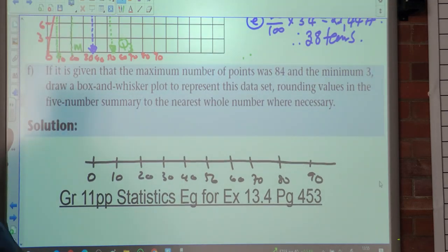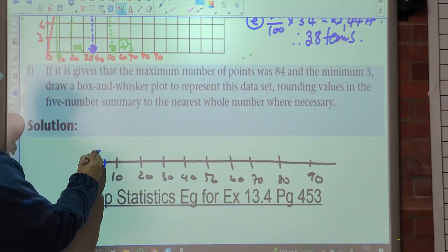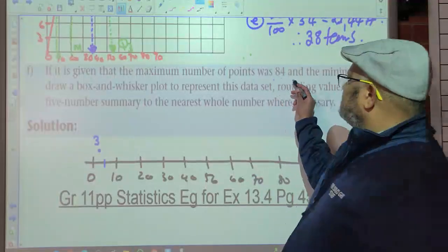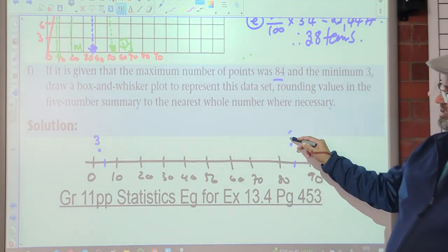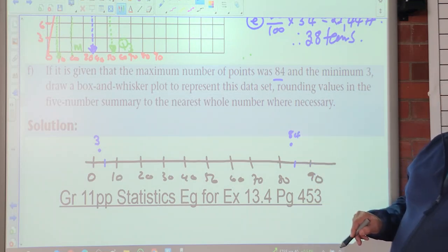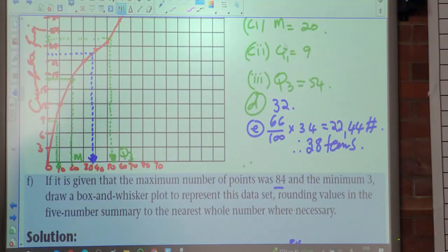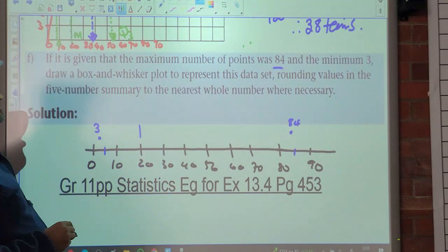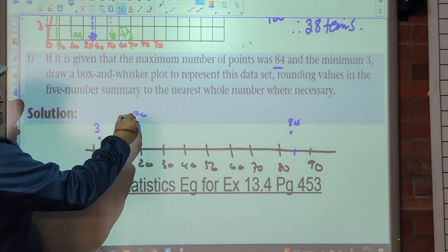For the lowest value, you get a dot. So if this is 10, 5 is in the middle, 3 is about there. Your maximum value also gets a dot. The maximum is at 84. So if that is 85, it's just less than 85, so it's 84. Quartile 2, which is your median value, is going to be 20. It gets a stroke. So I put 20 here.